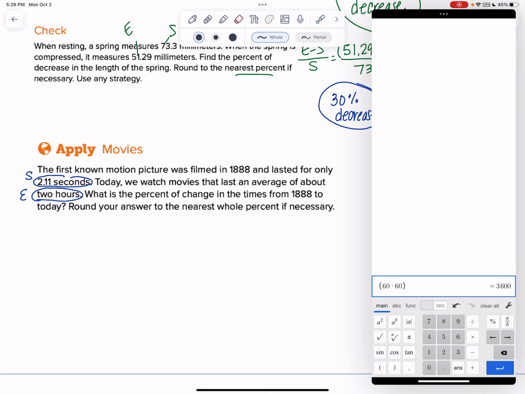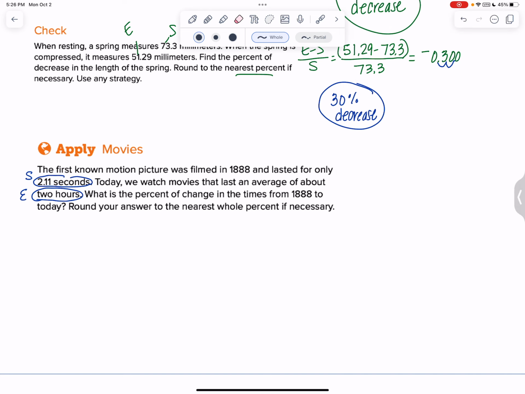So 3,600 times 2 is 7,200. So we have 7,200 seconds worth of a movie. So that's my actual end right here.